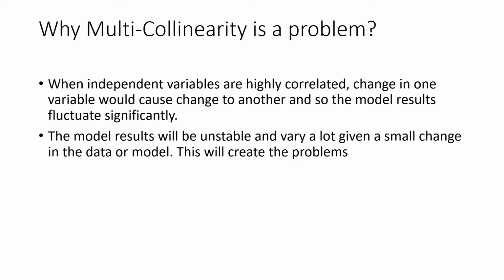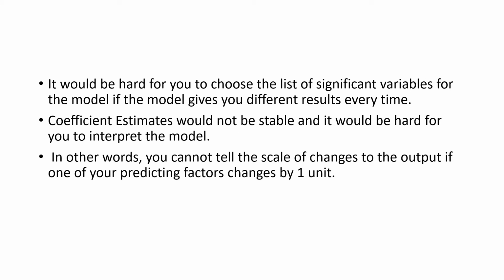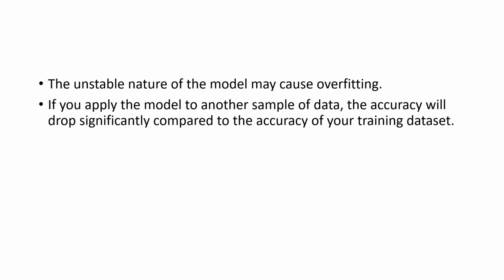So there can be chances that fluctuations occur very frequently, and the model results would be unstable. You cannot use it to make valid predictions, and this will create a lot of problems. It will be hard for you to identify significant variables in the model, and coefficients would not be stable, or you cannot tell the scale of changes to the output if one of your predictor variables or one of your independent variables changes by certain units.